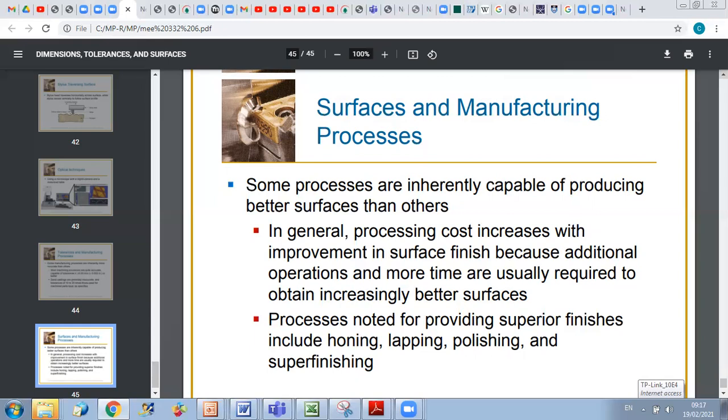Processes noted for providing superior finishes include honing, lapping, polishing, and super finishing. These processes will come after other processes. Sometimes in machining operations, even if they are accurate, if you need a very high accuracy, a perfectly smooth surface, you need after machining to do other processes that will smooth your surface more.